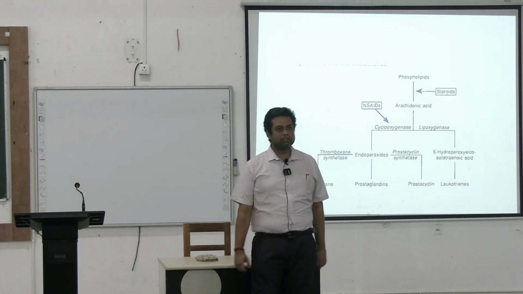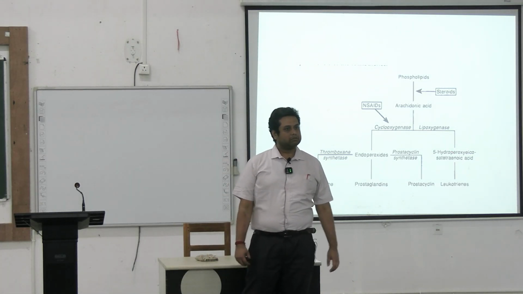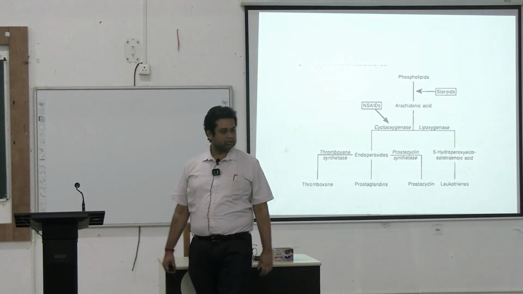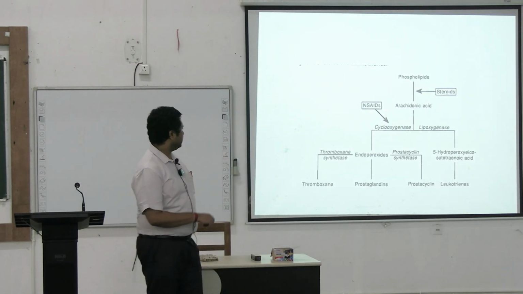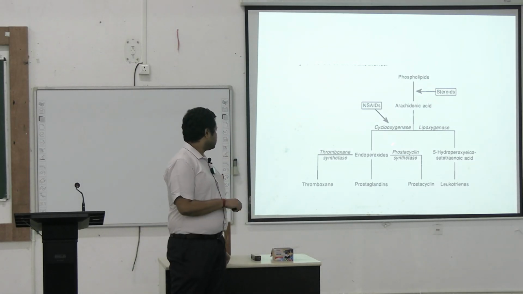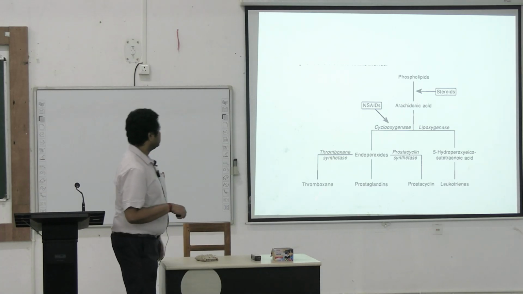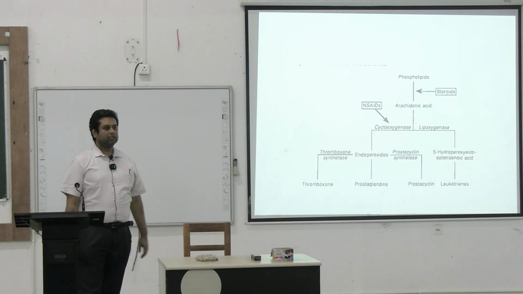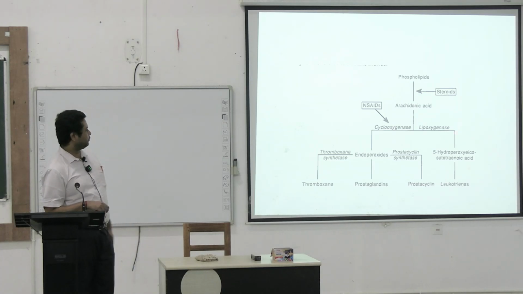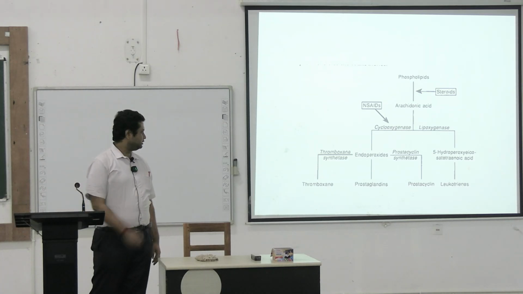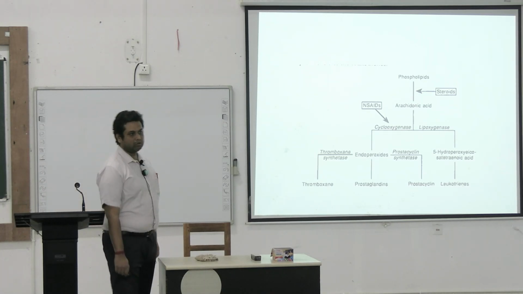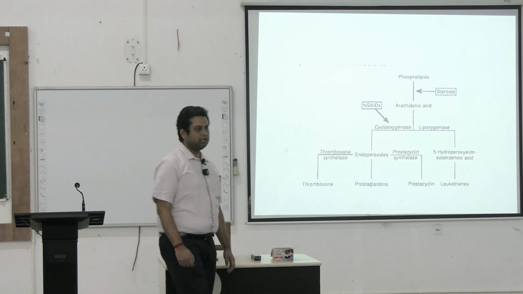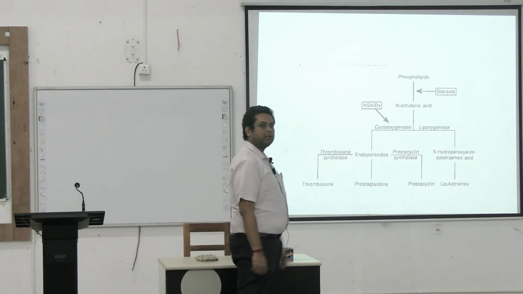From your knowledge of biochemistry, you have studied this. So the COX pathway produces thromboxane, prostaglandin, prostacyclin, and the lipoxygenase pathway produces leukotriene. Leukotriene is one of the major chemical mediators of asthma.